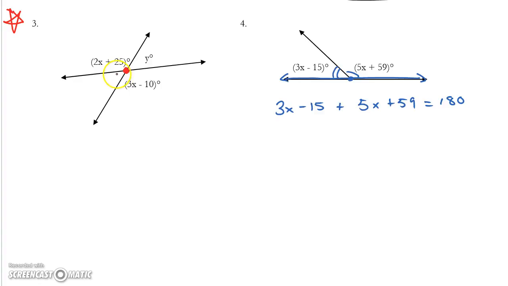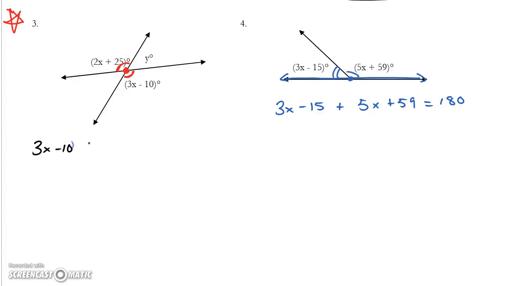I want to look for vertical angles because those are what are going to be the angles I set equal to each other. In this case, this angle and this angle are vertical because they do not share a side, but they are formed by intersecting lines. Since that is my 2x plus 25, and this is 3x minus 10, I can set those equal.